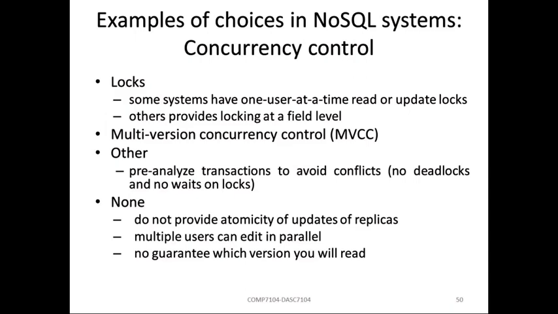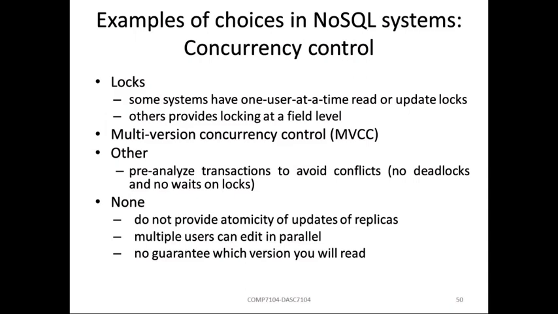Regarding concurrency control, some may rely on locks, the mechanisms that we have seen at work in relational database management systems. Some may rely on other mechanisms, in particular mechanisms for optimistic concurrency control, such as multi-version concurrency control.